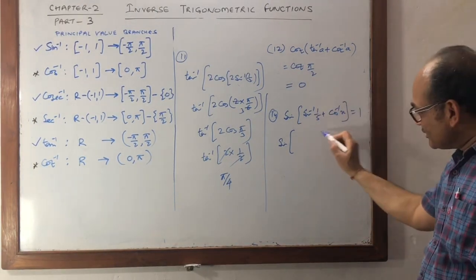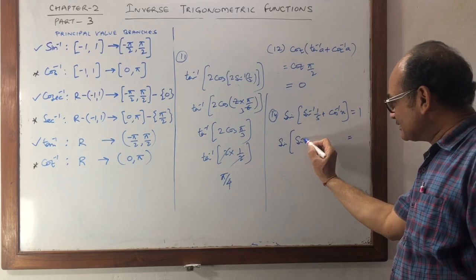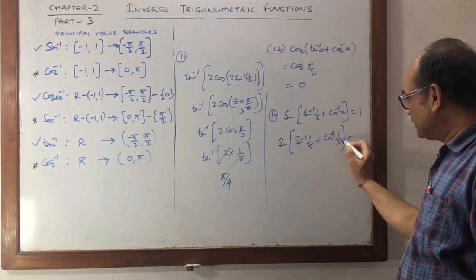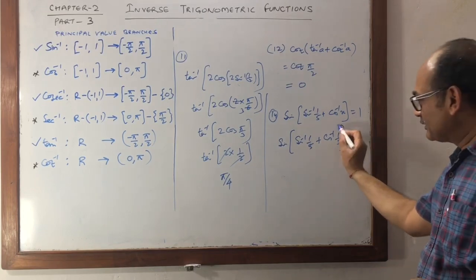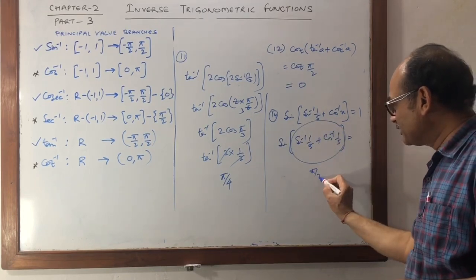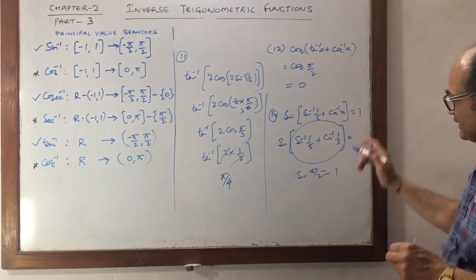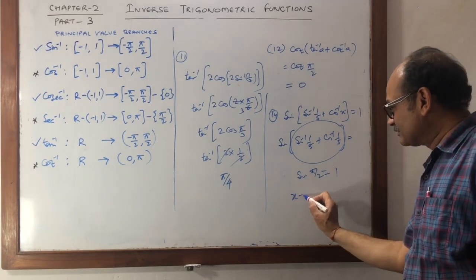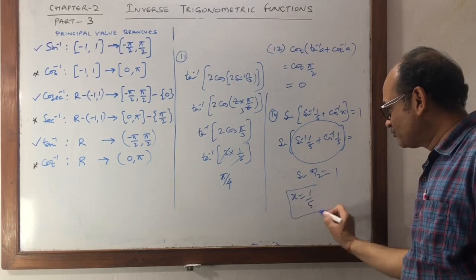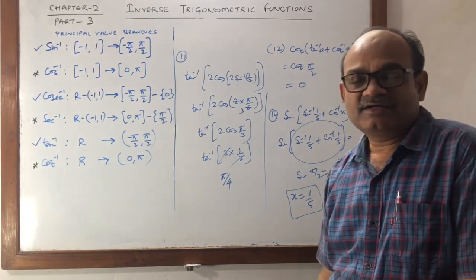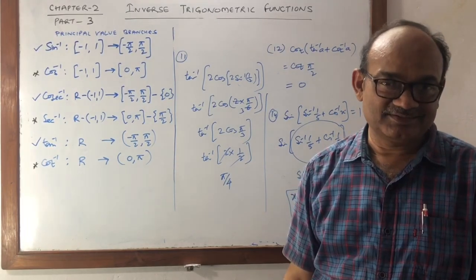And when this one is pi by 2, it means very simple, one property, that this must be the same. Then only this quantity will become pi by 2. And sin pi by 2 is what? 1. It means this value of x is nothing but 1 by 5. Then only we'll have this expression's left hand side answer equal to 1. Correct?